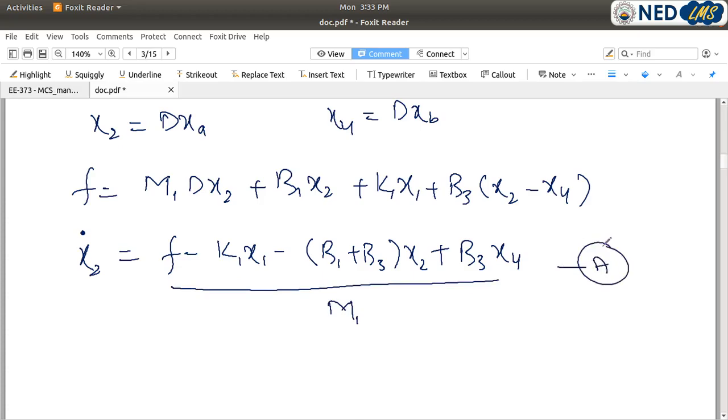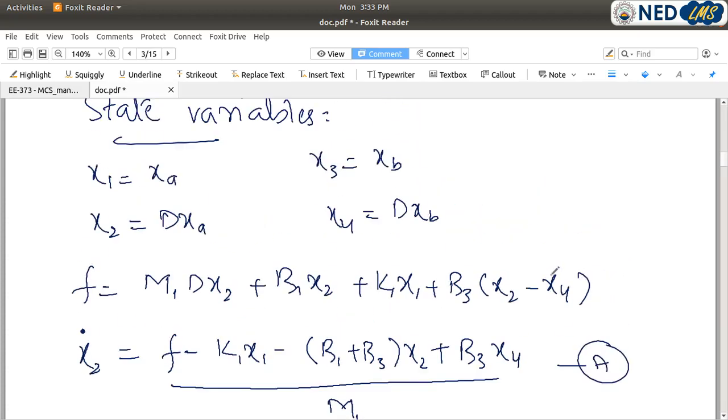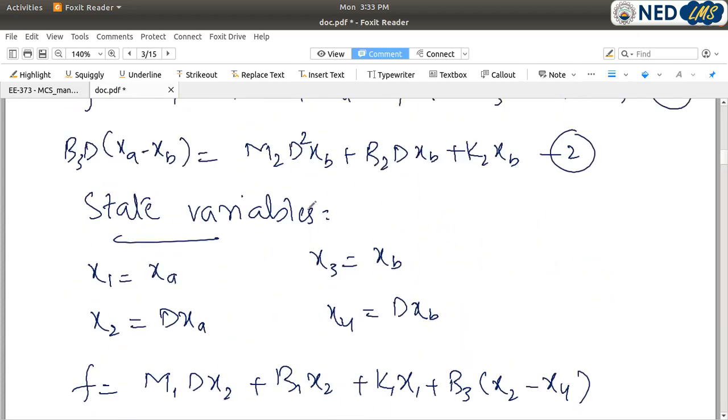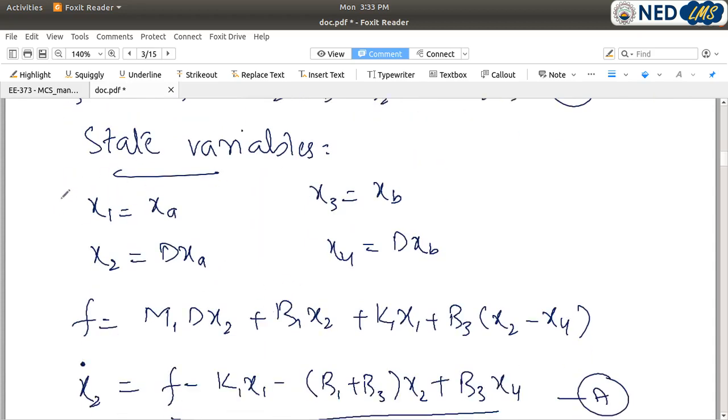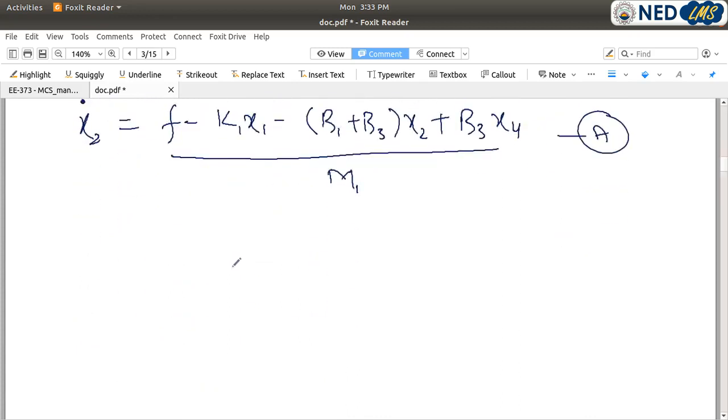So this is the first state equation. Now the second state equation, I can write by putting this substitution in this equation. So the second state equation will be x1 dot is equal to x2.